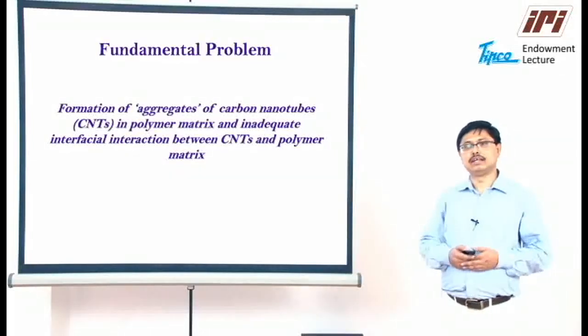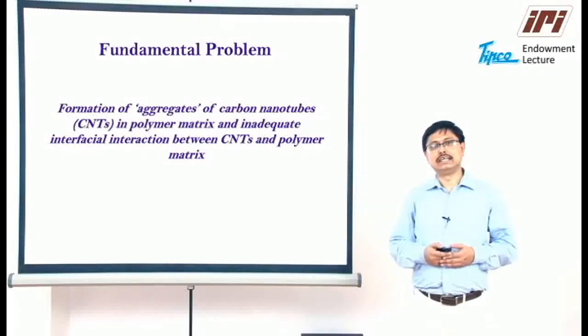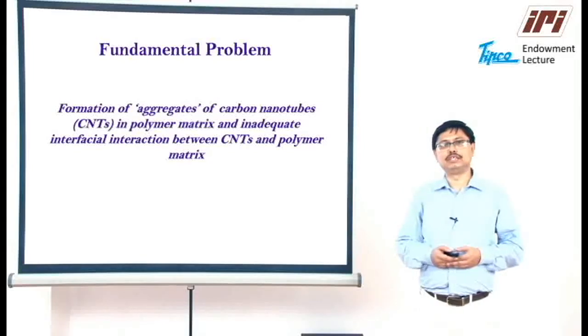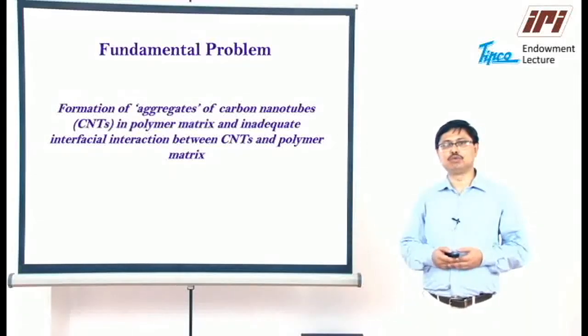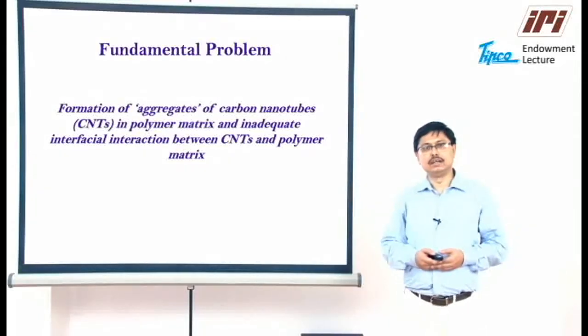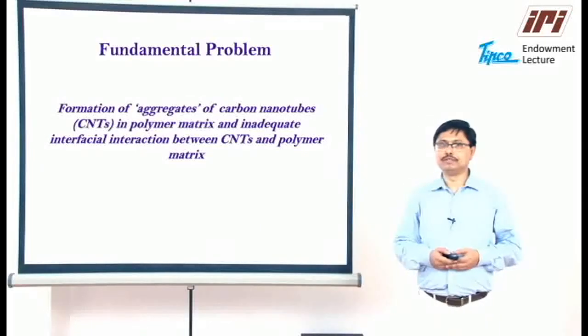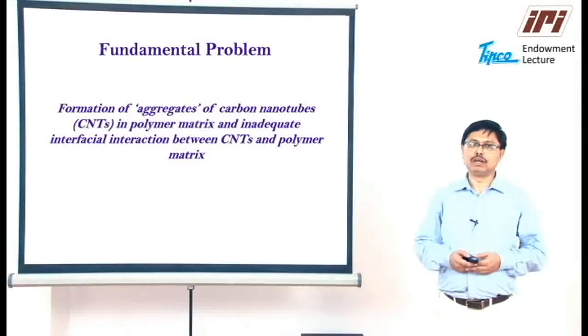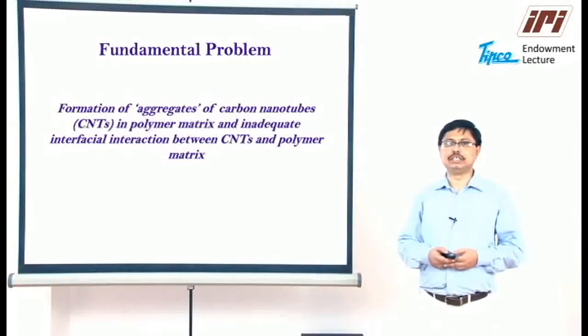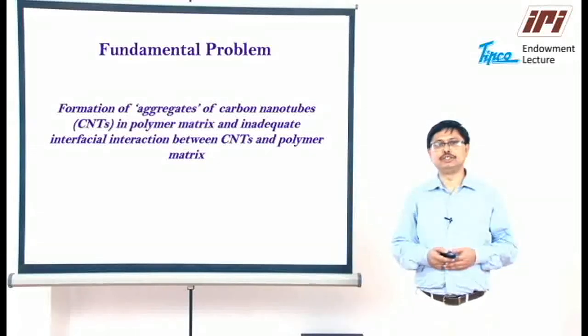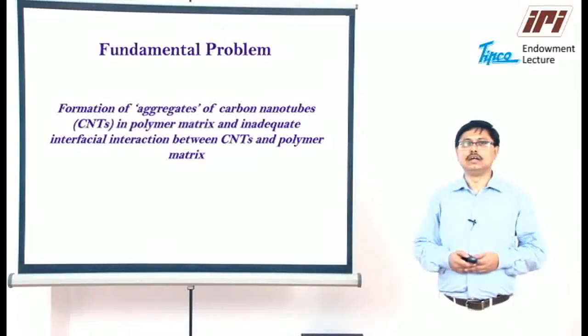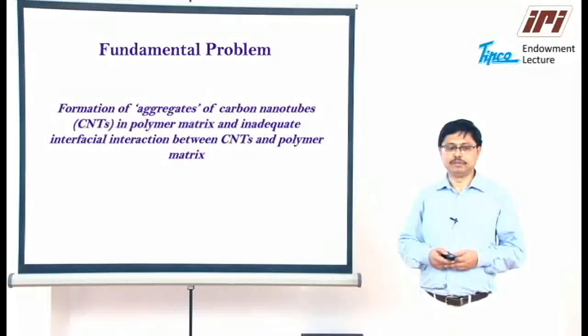If you look at the nanotube dimensions, in the case of the single wall carbon nanotube, the diameter is 1.4 nanometer and the length is several micrometers. Whereas in the case of the multi-wall carbon nanotubes, the diameter is anywhere from 20 nanometer to 50 nanometer and the length is several micrometers.